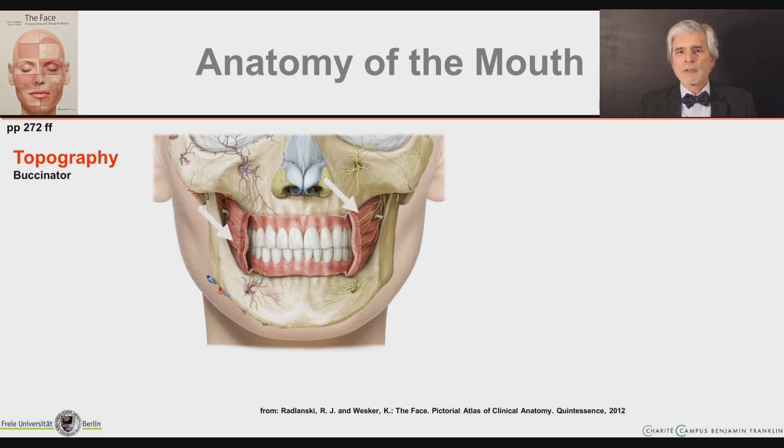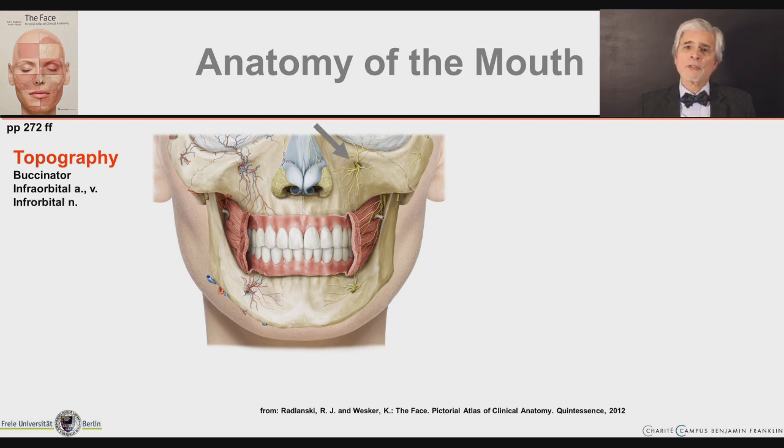So here, the buccinator muscle, on both sides of the dental arches, with its sagittal course through the cheeks. And what you see here also is on the right side of the patient, so on the left side in the image, we have drawn in the blood vessels, and on the left side, the nerves. So the infraorbital artery comes out of the infraorbital foramen, and the infraorbital vein is pulling in there.